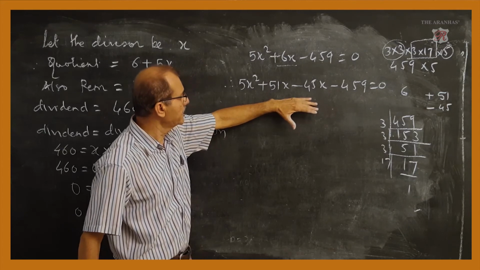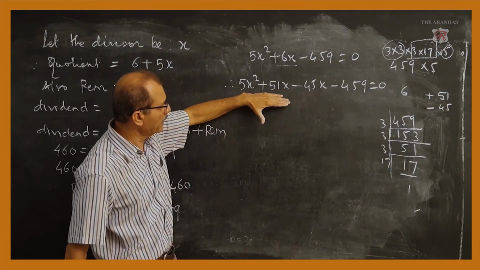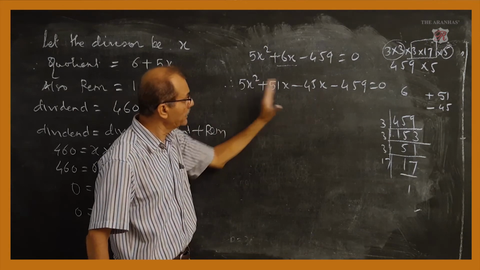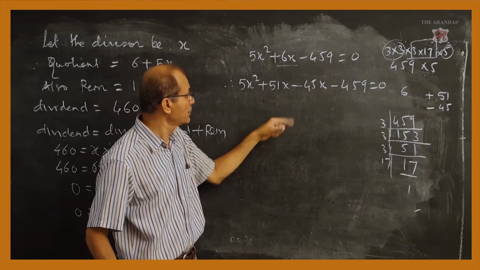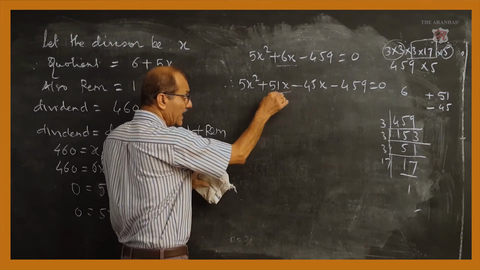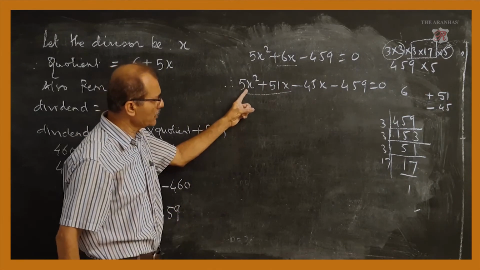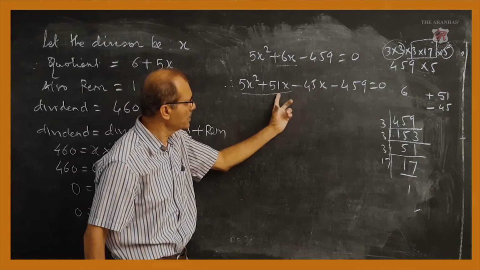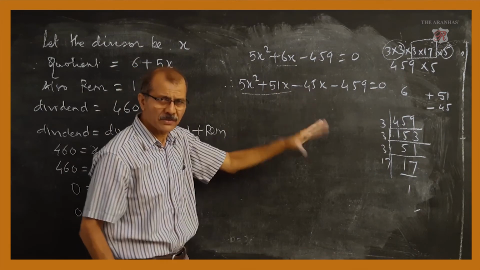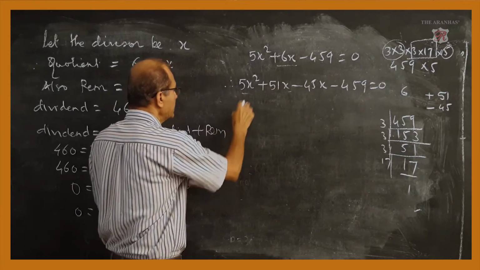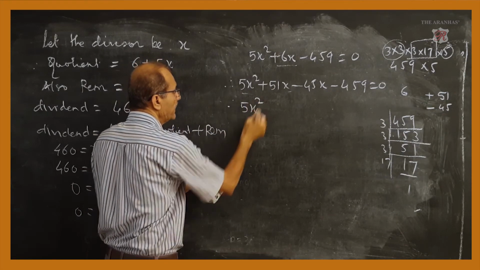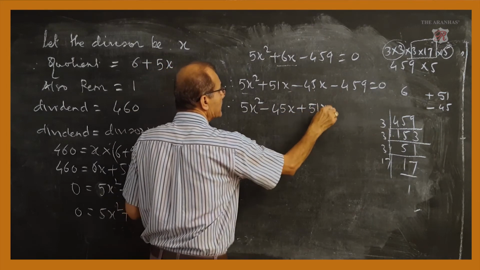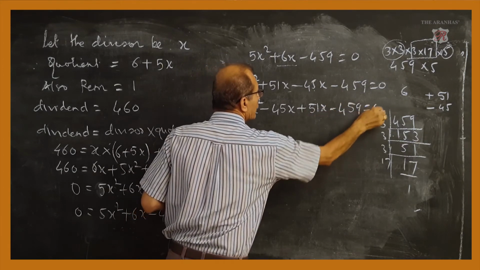Now, I can rearrange these terms, so it will be easy for me to remove the common factor from the first two terms. If I consider these two, what is common here? Only x is common. So why not just rearrange these two terms? It makes no difference. So next step, 5x squared minus 45x plus 51x minus 459 is equal to 0.